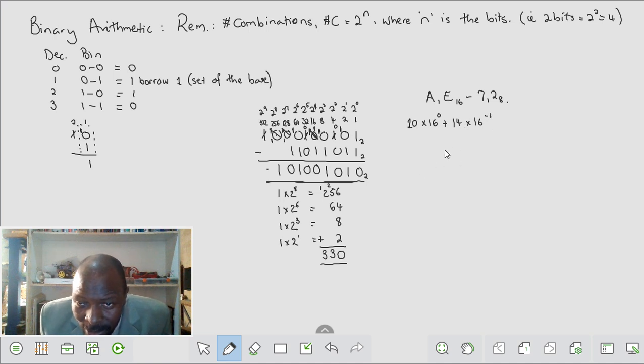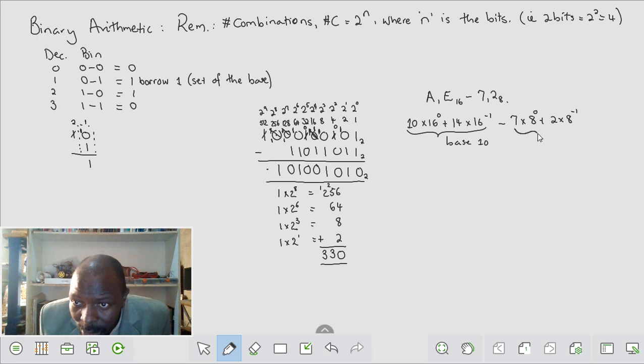So this here is obviously 10, and then subtract. Whatever you get here is going to be a base 10 answer. Subtract 7 times 8 to the power of 0 plus 2 times 8 to the power of minus 1.